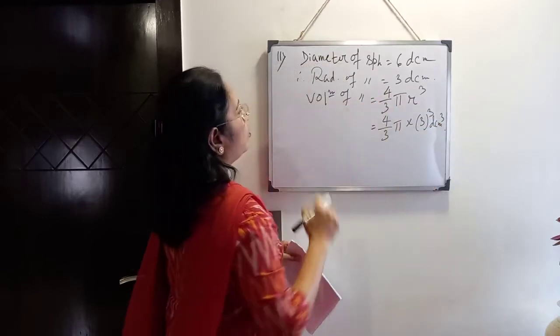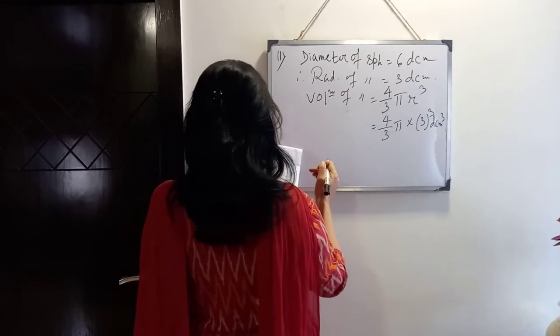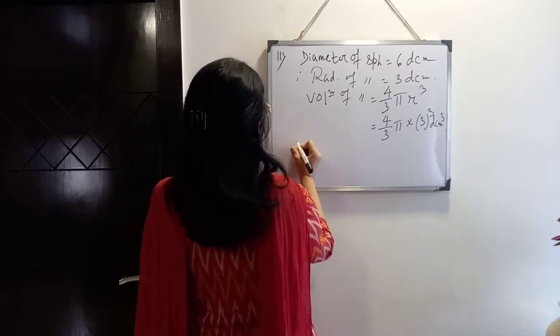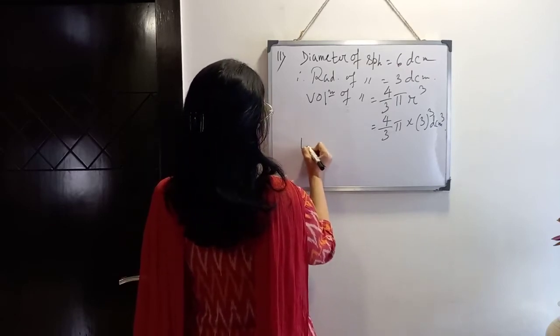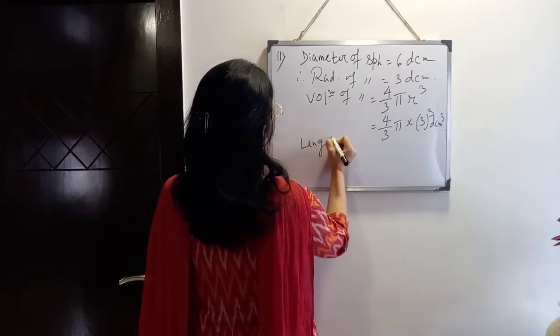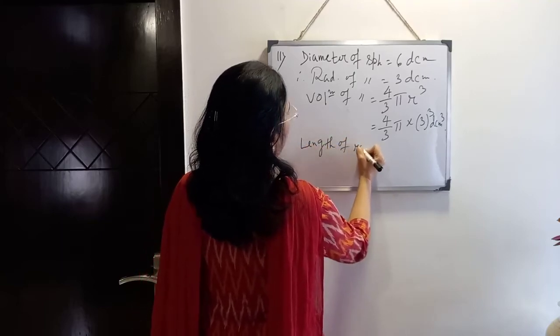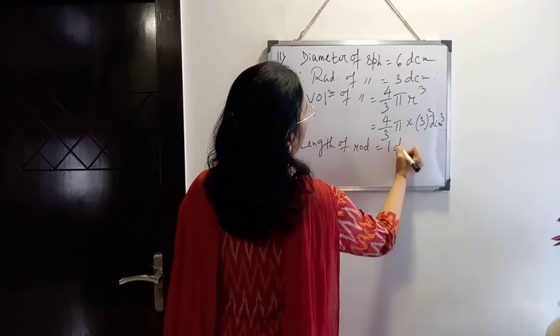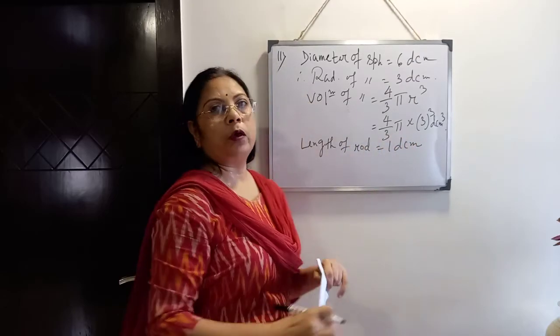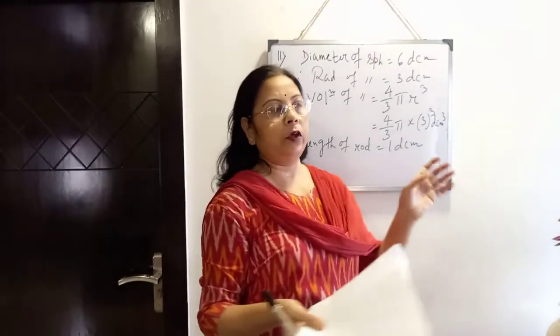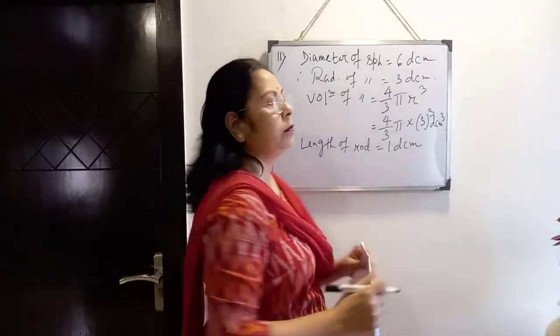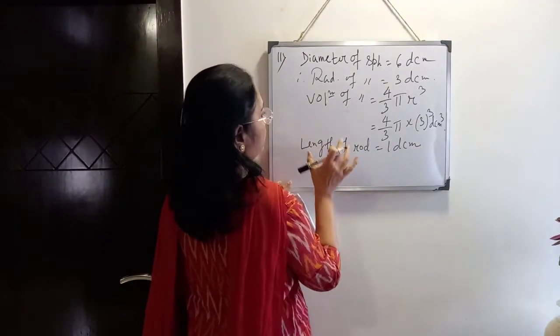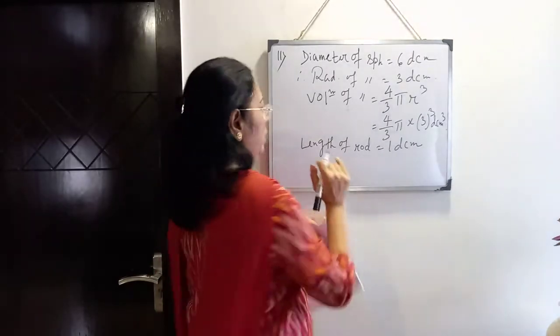Here, this is the volume of sphere, and length of rod 1 decimeter. It is not given in the book. In some book maybe it is given. If it is not given, then you add. And radius or diameter you have to calculate.